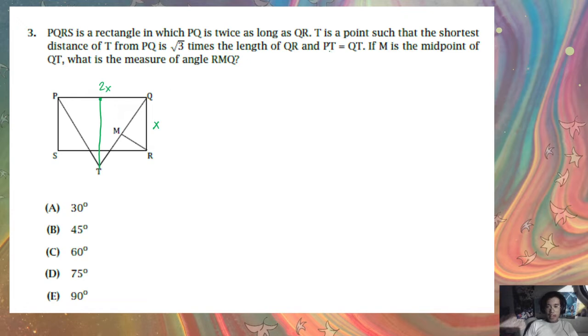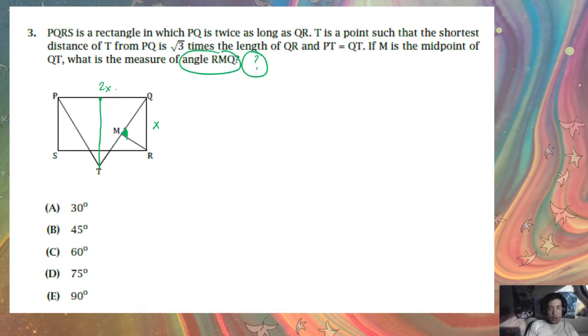Given that BT is equal to QT, and if M is the midpoint of QT, what is the measurement of angle RM? This is the angle that we want to find. So how do we solve for the measurement of this angle? That's the essential question, the main question in this problem.